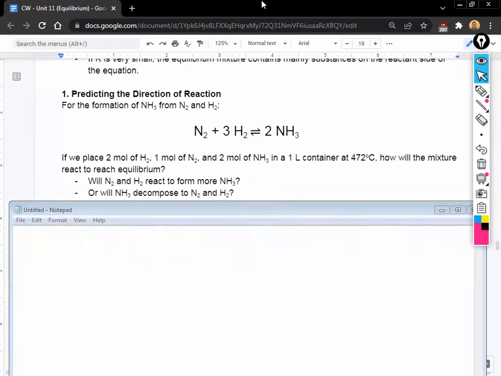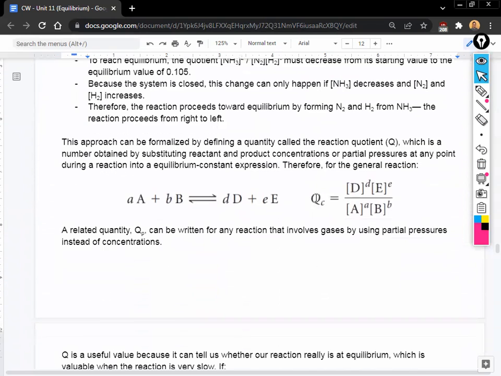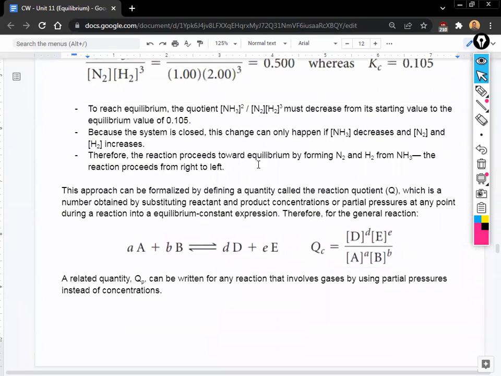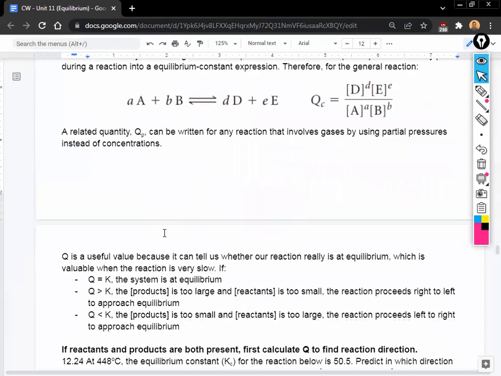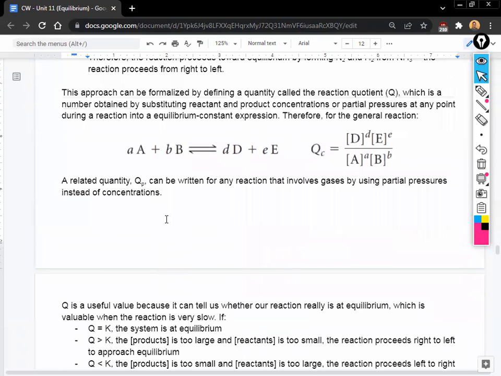All righty. So that one's pretty simple. We got that. This is all from your book, so we can skip all this. Oh, this is important.